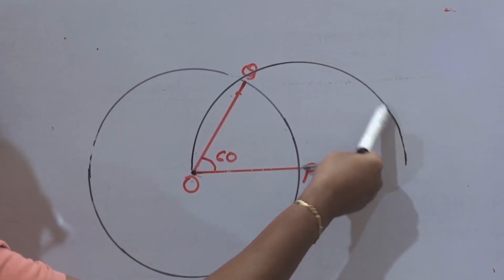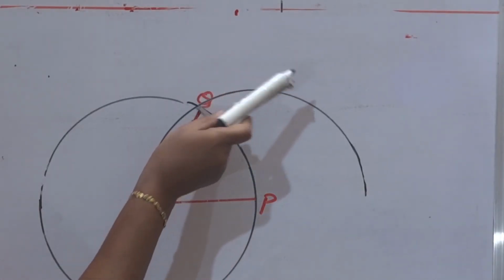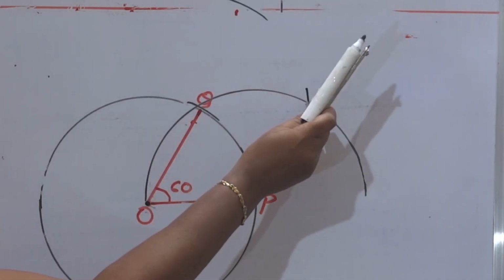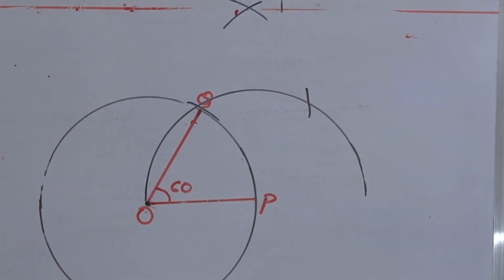Now we will make the arcs keeping our compass on two arcs, we will make two more arcs. When those two arcs intersect each other, we will get a point there.